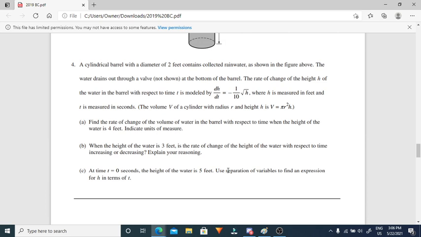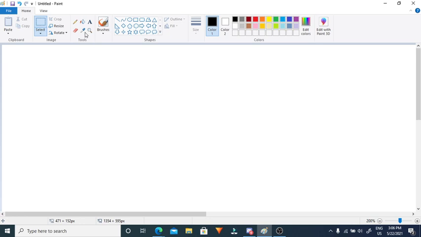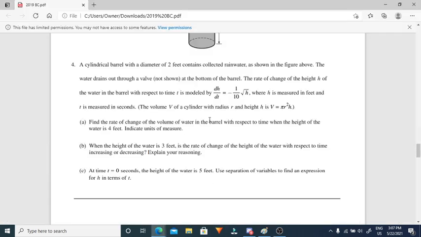So in order to do this, what we're looking for is dV over dt, which is the rate of change of the volume of the water. We've been given dh over dt, which is right here, -1/10 root h.